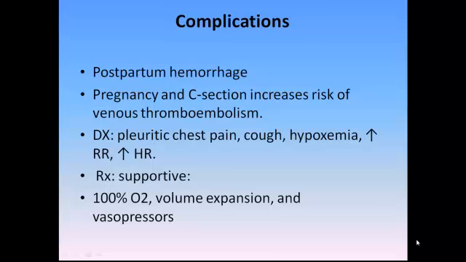Pregnancy and C-section increase the risk of venous thromboembolism. How to diagnose? If pleuritic chest pain is present, cough, hypoxia, increased respiratory rate and heart rate. Treatment is supportive mainly with 100% oxygen, volume expansion, and vasopressors.